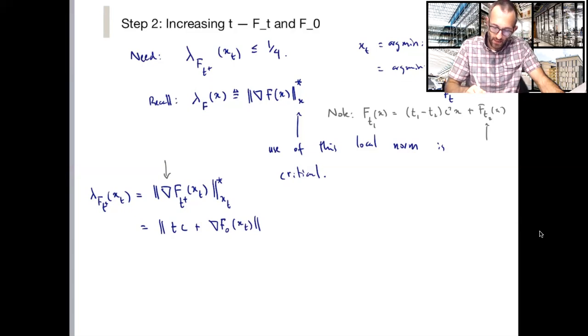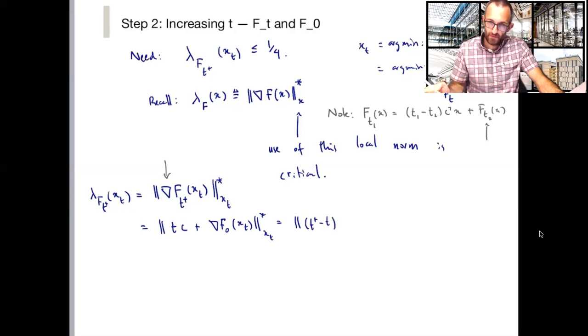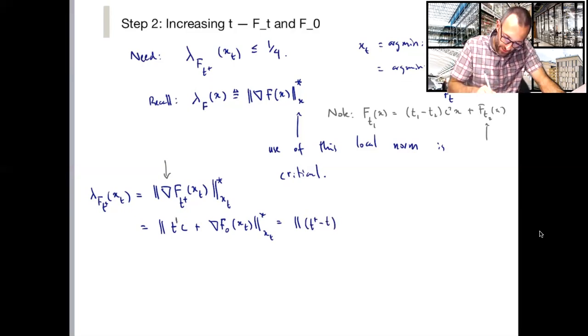Okay, so this is suggestive, but it doesn't help me very much. But notice what I can do here very easily. This is t⁺ here.